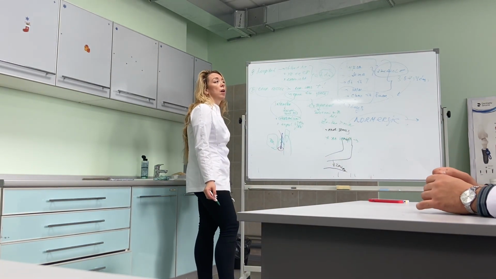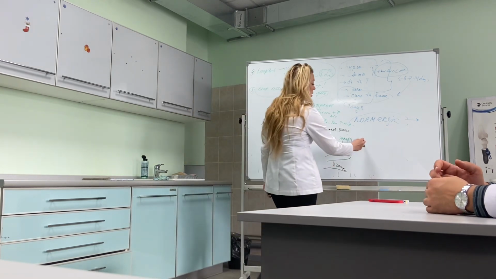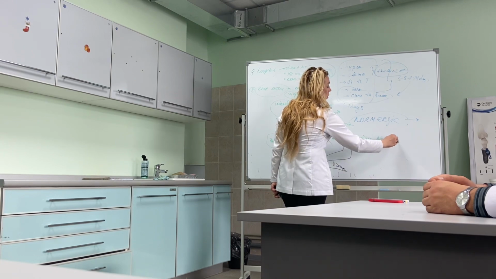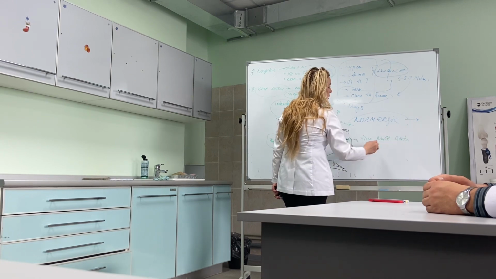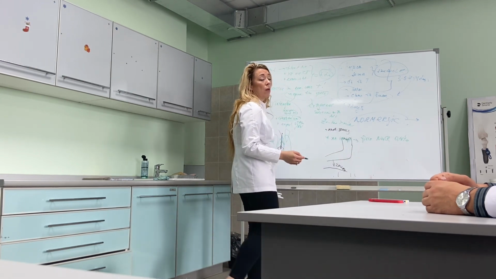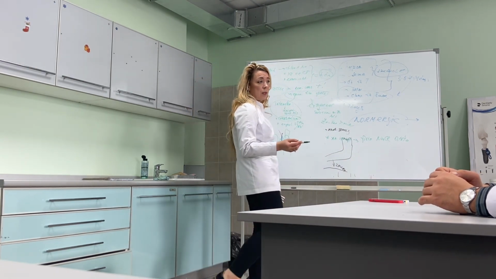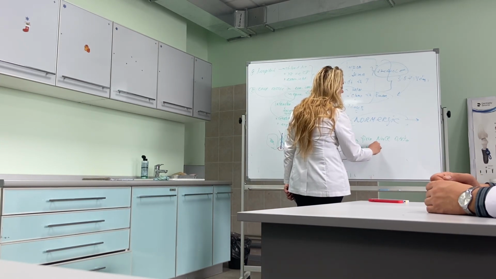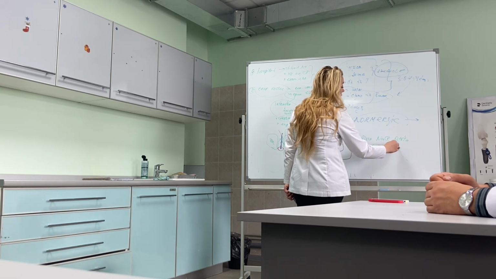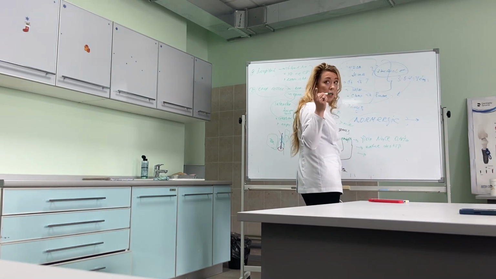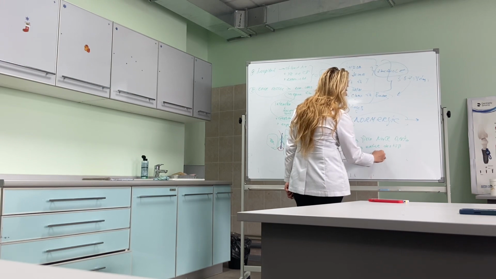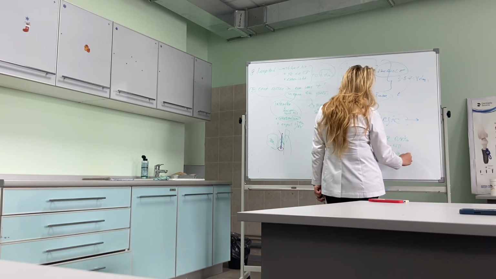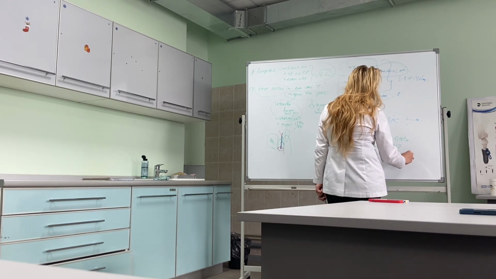Sodium hypochlorite. Or we can use physiological solution, or sodium chloride, water base, 0.9%. It's a physiological solution, you know it. We can use distilled water. We can use chlorhexidine, 0.06 or 0.5% chlorhexidine.